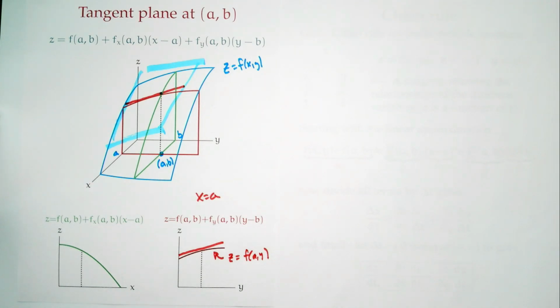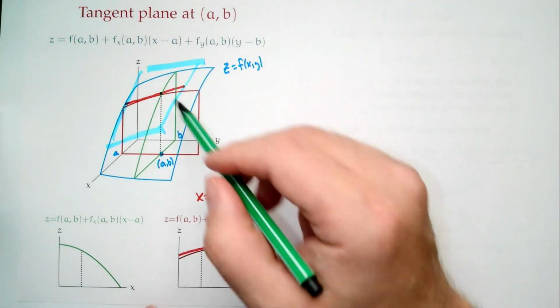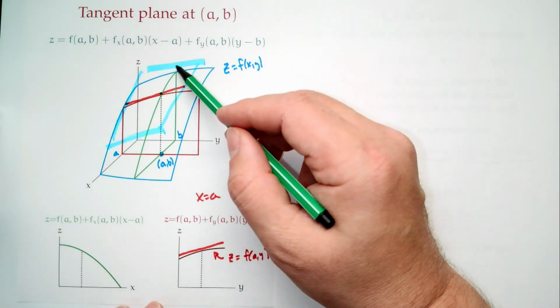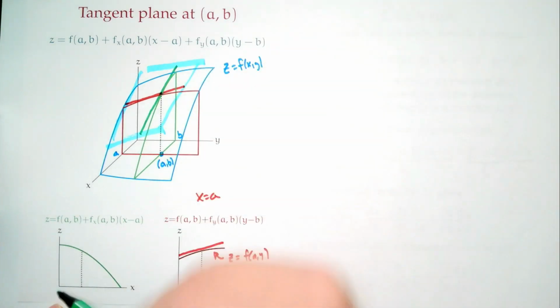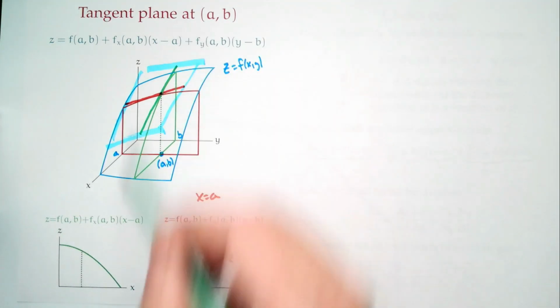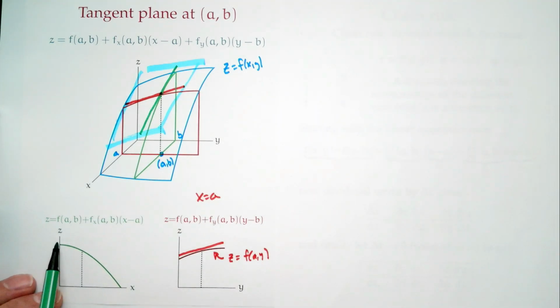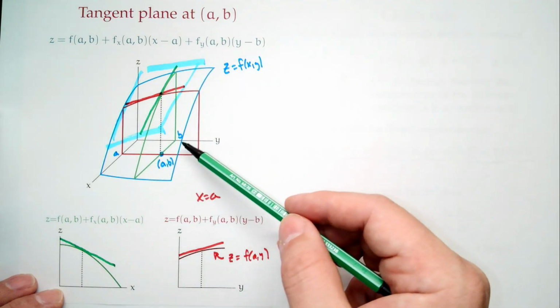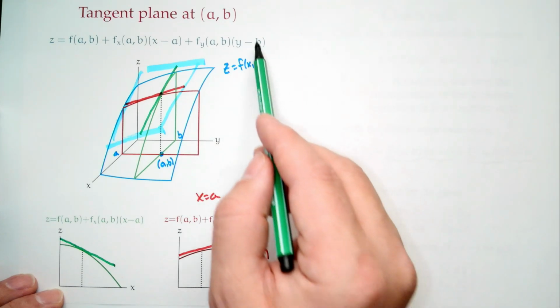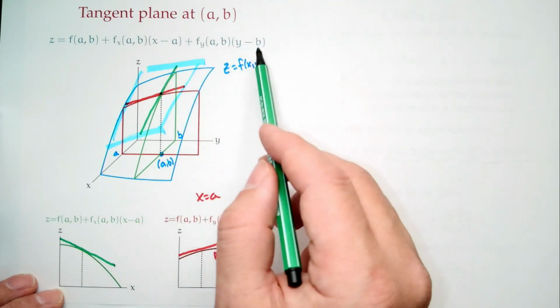Things should match. If we slice in the other direction, say we hold y equals b fixed, then on the plane we'll see one type of behavior. And when we translate that down, that part of the plane that we slice into is going to become the tangent line. Now, on this line, we got it by holding y equals b, so the other term drops out.